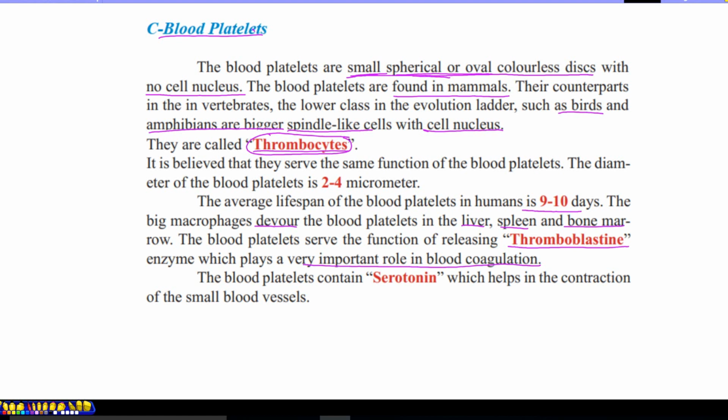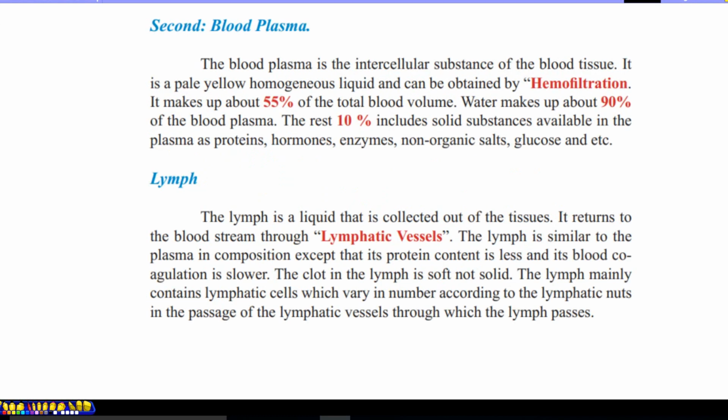So the function of thrombocytes and blood platelets is to produce thromboplastin to help blood coagulation, and also to secrete serotonin, which helps the contraction of the microscopic blood vessels, which we call blood capillaries.